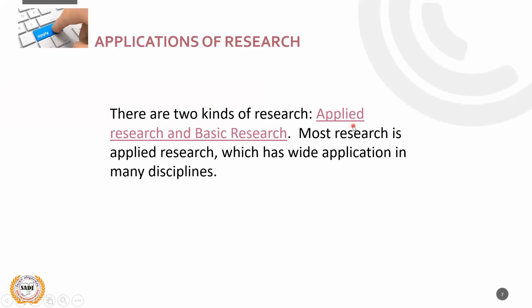The first one is applied research, and the second is basic research or fundamental research. However, most of our research is the applied one. What does it mean, applied research?